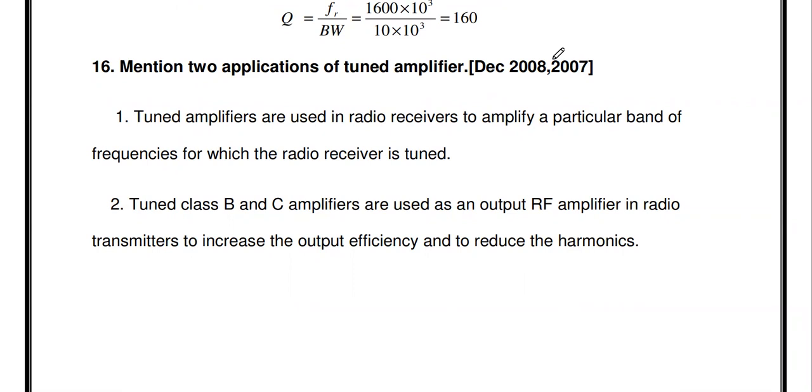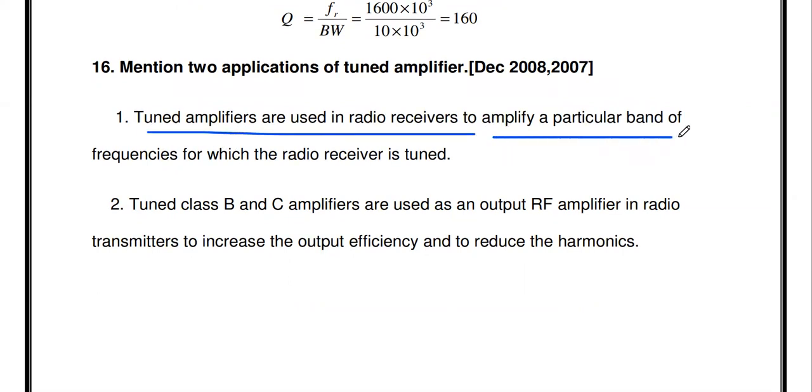Where are we using tuned amplifiers? Already you know the tuned amplifiers are used in radio transmitters and radio receivers, in order to amplify a particular band of frequencies. The tuned amplifiers are used in radio receivers to amplify a particular band of frequency for which the radio receiver is tuned.